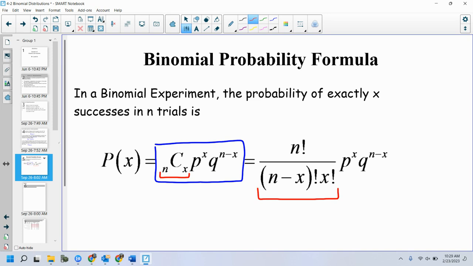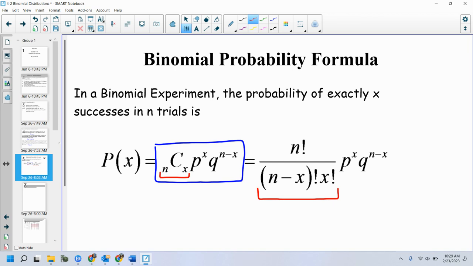The only thing that's changing is the nCx, the combination formula. So let's sift through what we have here. We have n number of trials, and I'm choosing them in x different ways, right? So basically that is saying how many ways out of the n trials could I get x amount of successes, right?